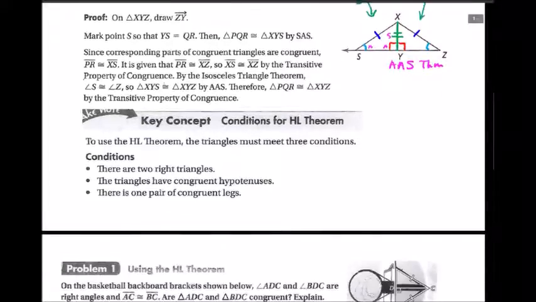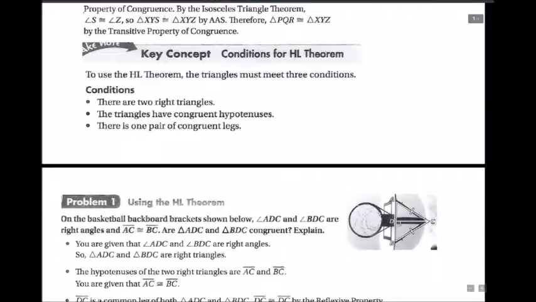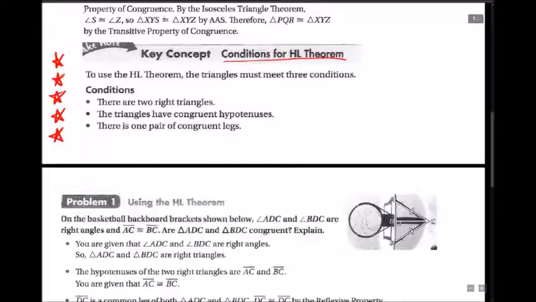Okay, this right here, lots and lots of stars. These are conditions for the HL theorem. You must meet these conditions to be able to use the HL theorem. Number one, you must have two right triangles.